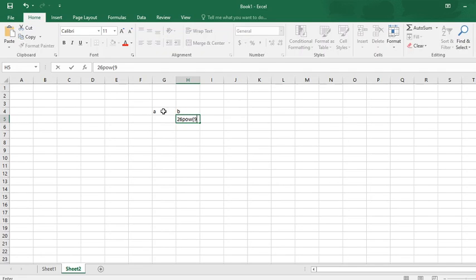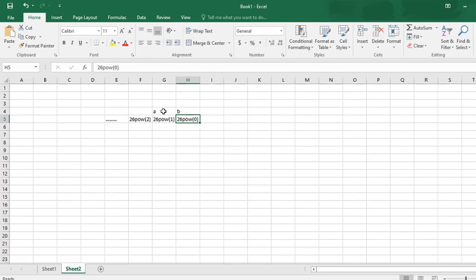Here I am getting 26 to the power 0, and here I am getting 26 to the power 1. It will move on like this, and so on.